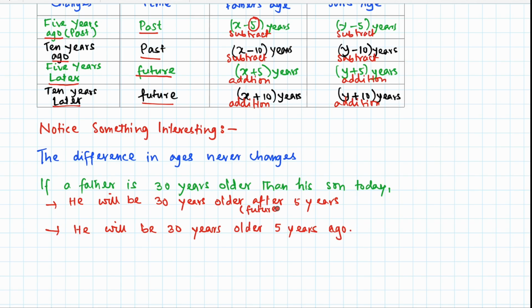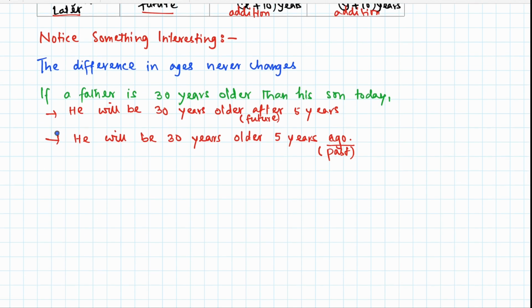So this is future and this is past. The difference of the years remains the same. So this is the main concept, and this idea helps us solve many questions very quickly.